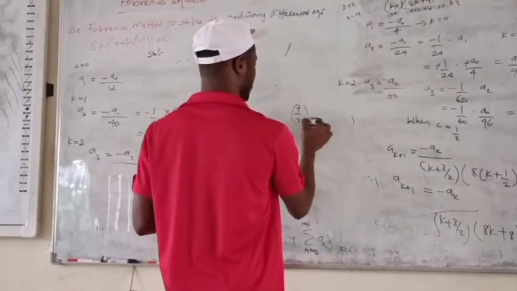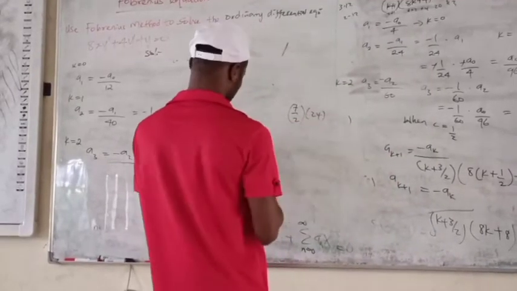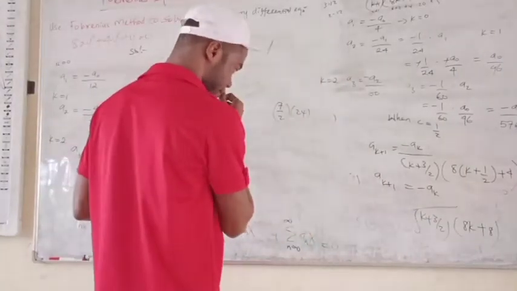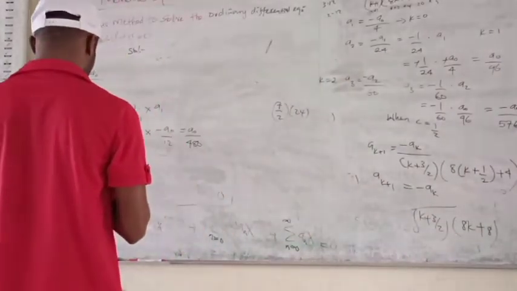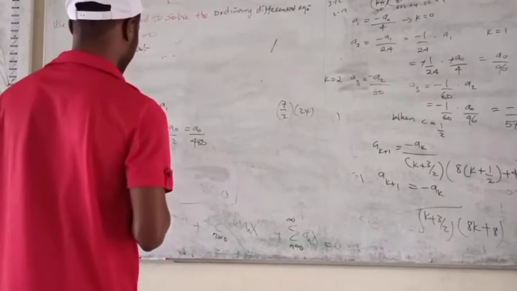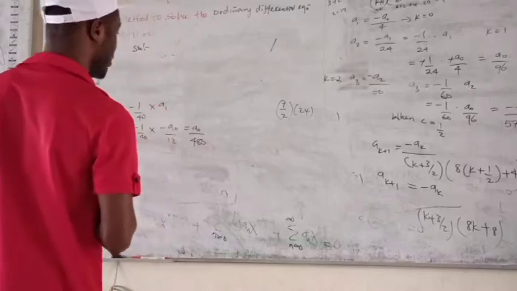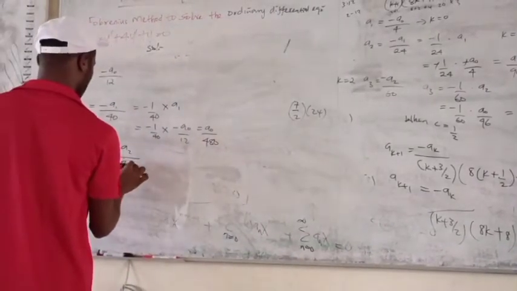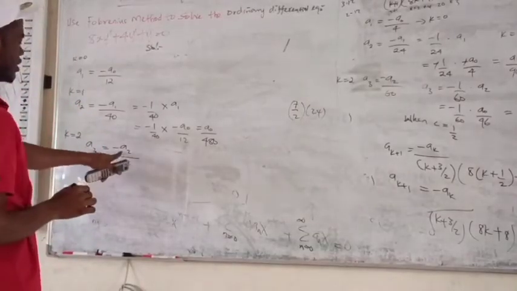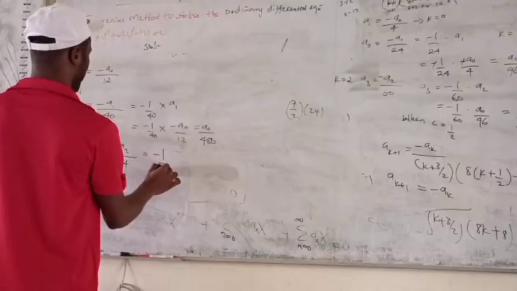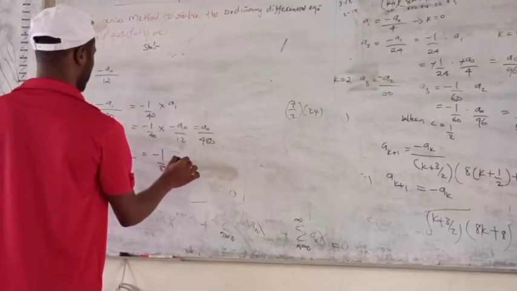So this is being multiplied by 24. So 7/2 multiplied by 24 gives me 84. And of course, this is the same as saying minus 1/84 times a2.